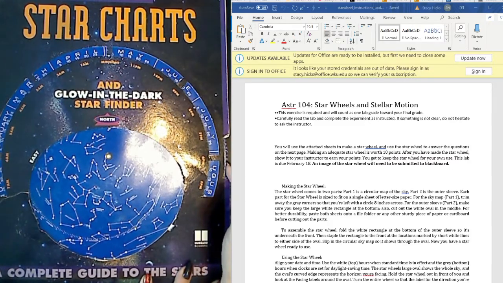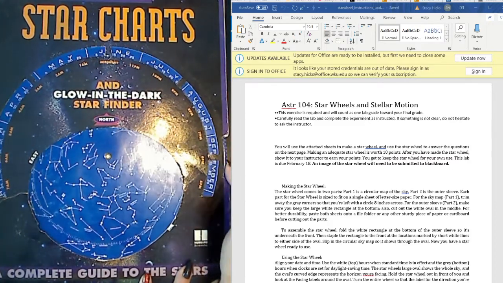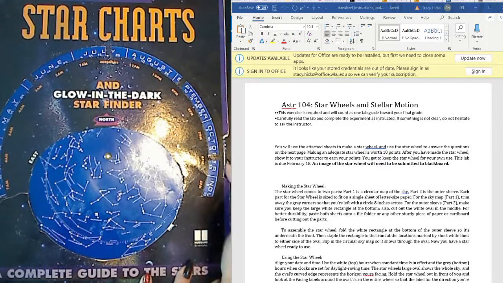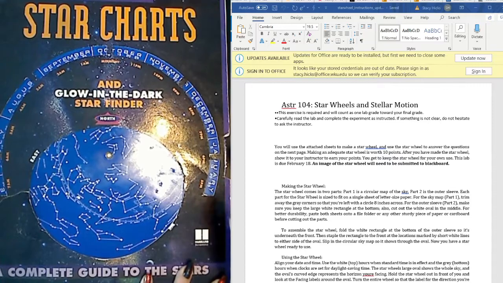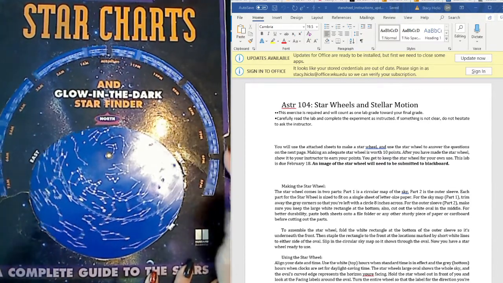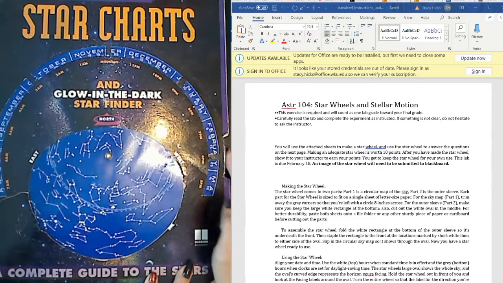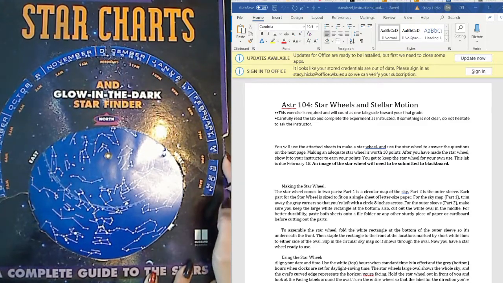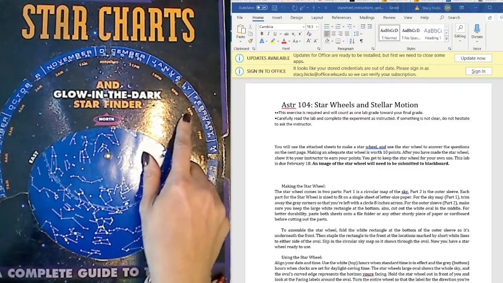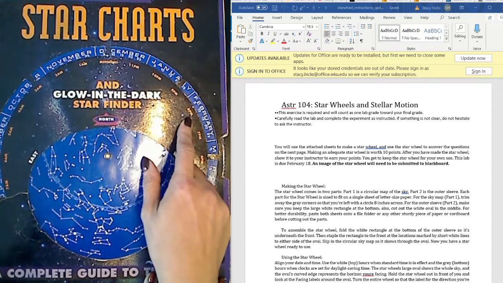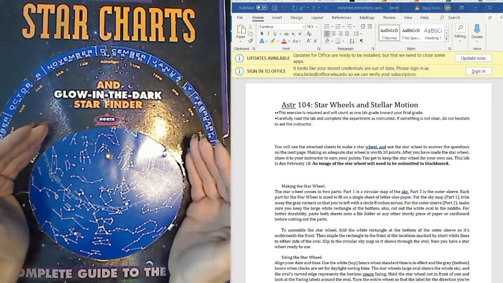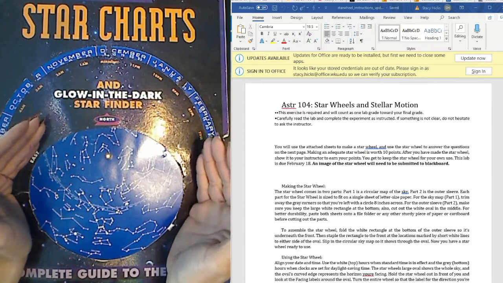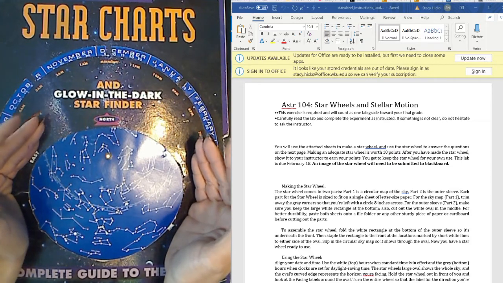So, for instance, if I turn this so that today's date, February 9th, lines up with 8 p.m., then this is going to show me what my sky would look like tonight at 8 p.m.